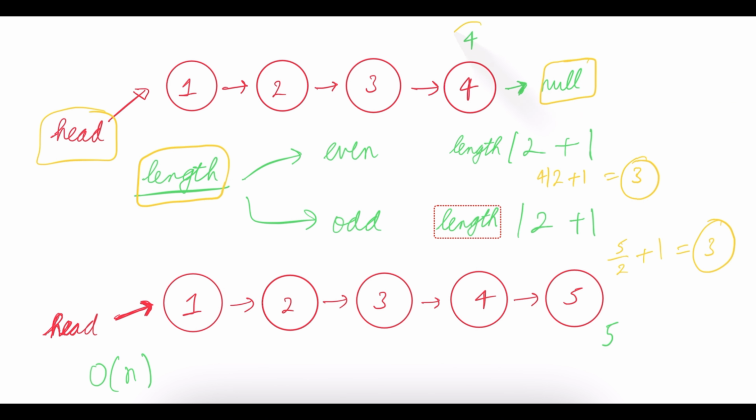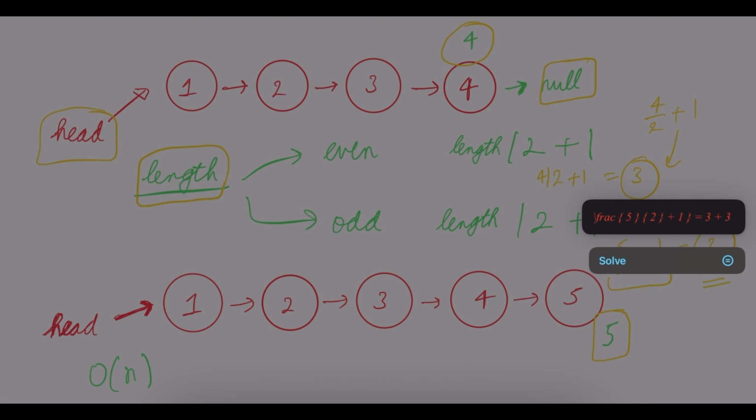If the length is even, here in this case the length is 4, then the middle node is going to be 4 divided by 2 plus 1, which is the third node. Similarly, if the length is odd, then the middle node is going to be 5 divided by 2 plus 1, which is the third node.